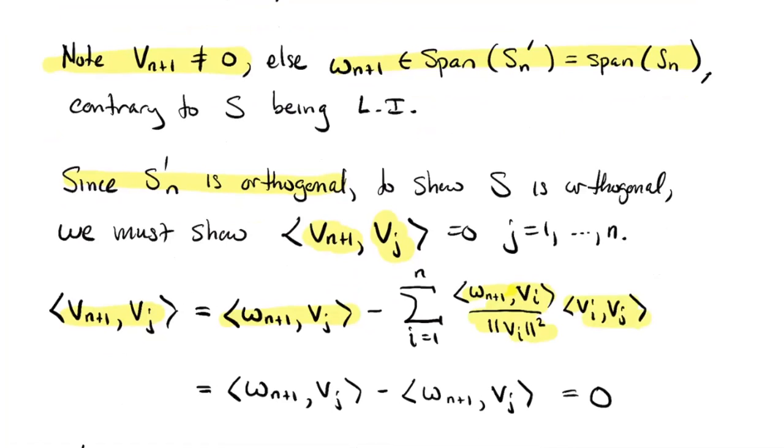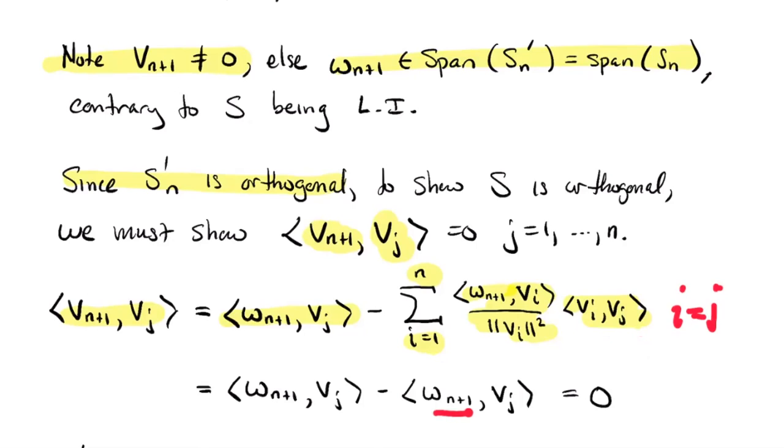Right? But in this sum, i is between 1 and n. So by the orthogonality of S prime, all of these things are equal to 0 except for when i is equal to j, right? Vi and Vj are orthogonal unless i is equal to j. So in this sum of n terms, the only non-zero term happens when the index i is equal to j. So what am I going to get there?